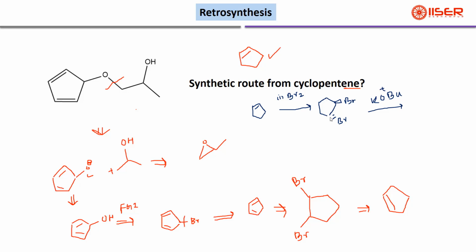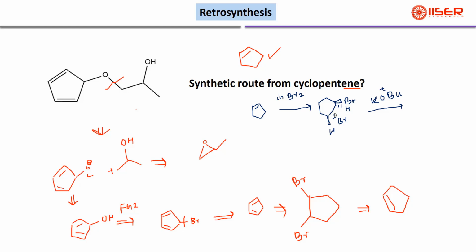Now for the elimination we need an anti-periplanar arrangement of the two eliminating groups. That means the H and bromine should be anti-periplanar to each other. Now this proton is syn and this proton is below the plane. So with respect to this bromine, this hydrogen is not anti-periplanar.